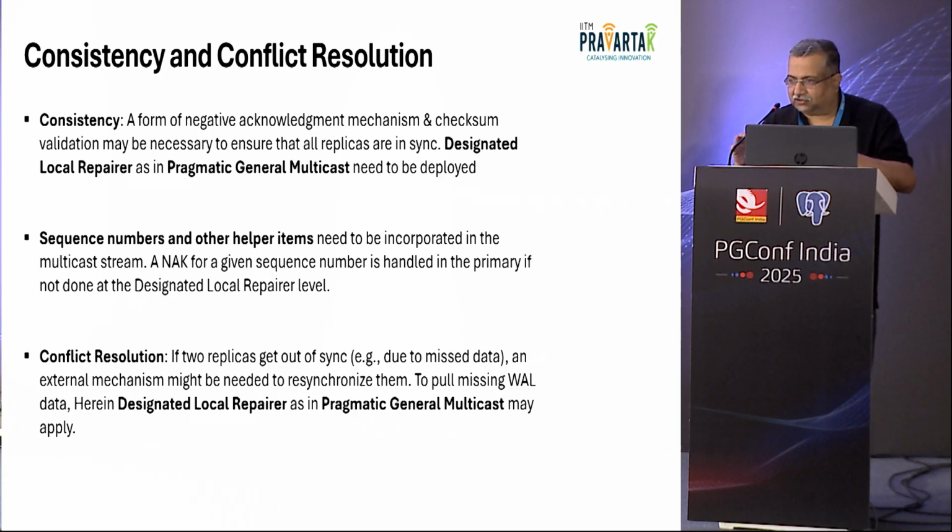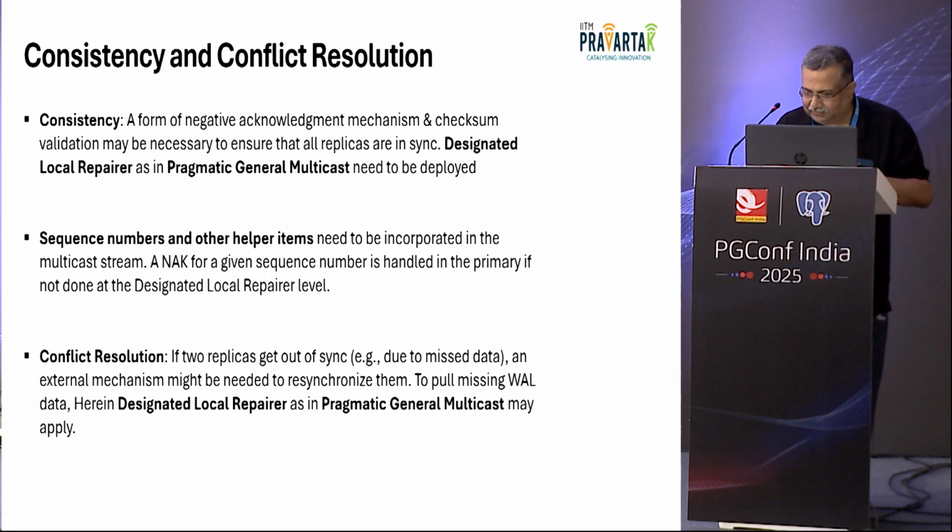Suppose you're sending packets to 15 replicas, and one of the packets gets dropped somewhere on the router, and you have to recover from it. The way you do it is you designate a node called a designated local repairer in certain localities in the multicast shared tree. The function of the designated local repairer is nothing but to keep all the packets that have been received over a period of time, or in a certain time window, within itself.